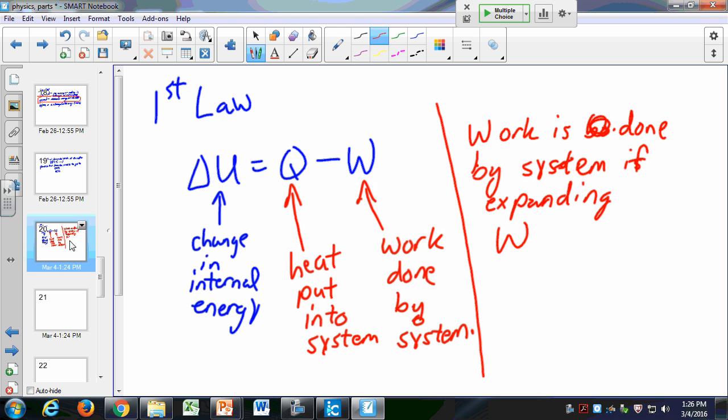That is, work is positive if delta V is positive. And if delta V is negative, then I have a negative work. So if my system is getting bigger, if the volume is increasing, if it's expanding, then the system is doing positive work. If it's getting smaller, then the system is doing negative work.